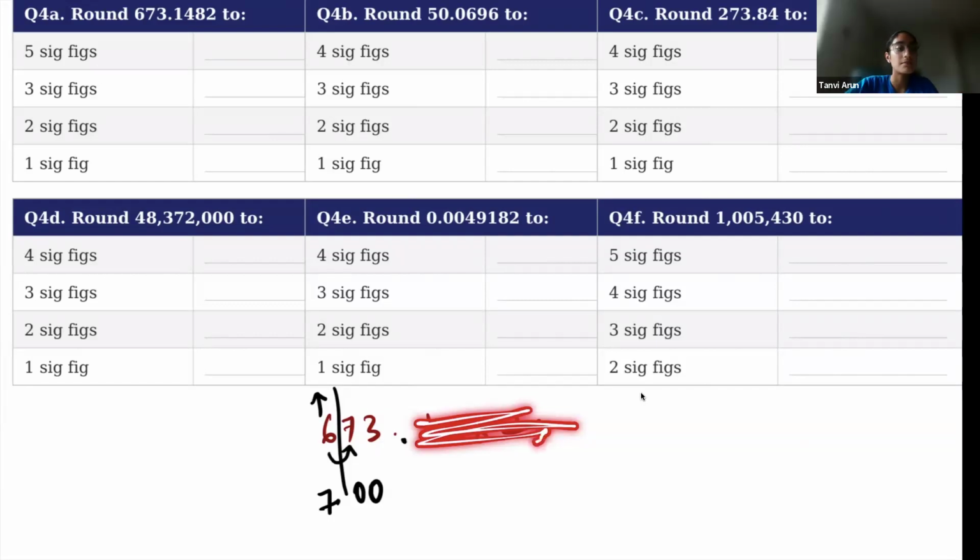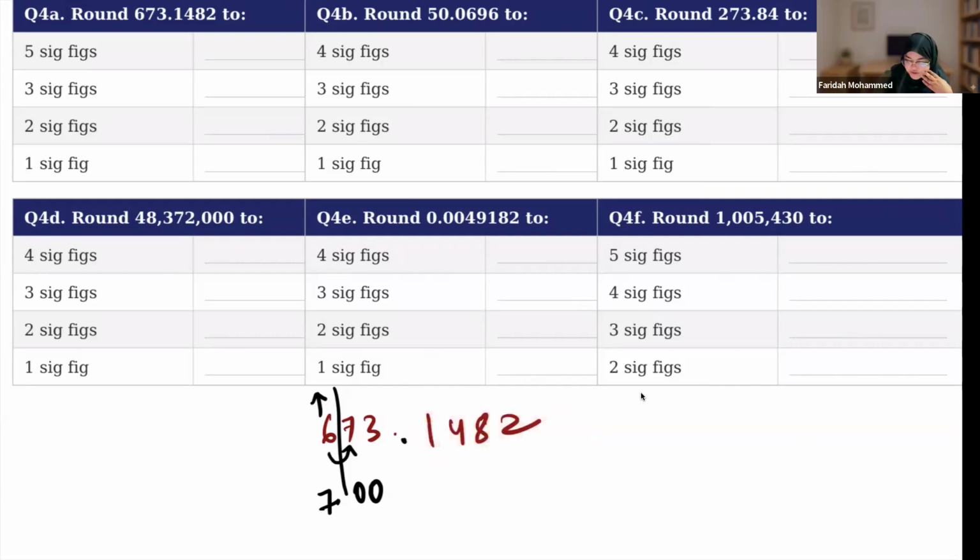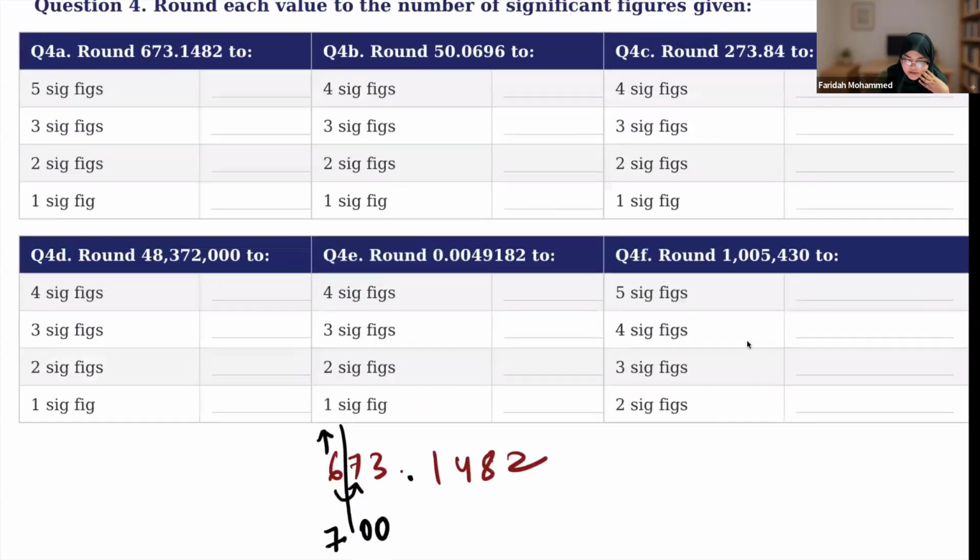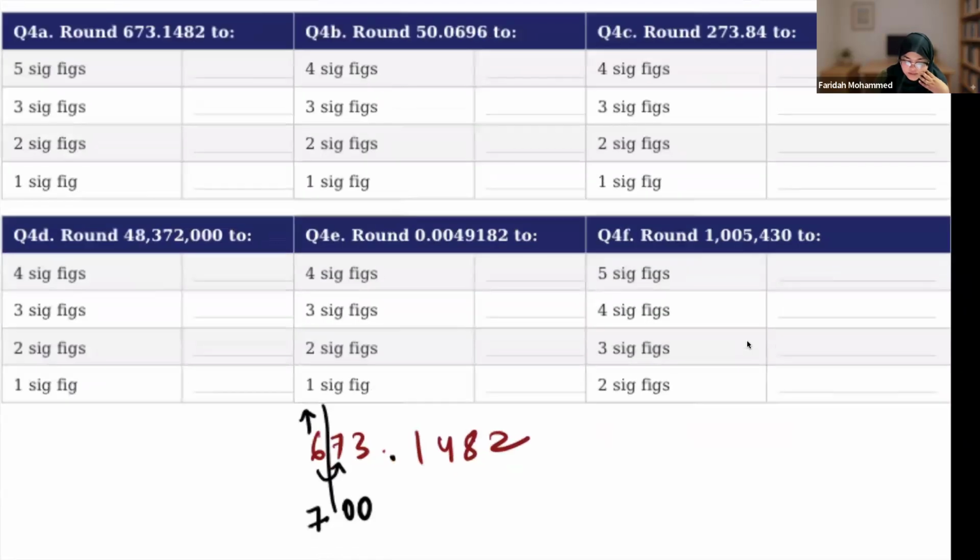Yes. Before decimal, you have to put the placeholder 0. After decimal, you can just not write it. Okay? Good job. Does it make sense? Yeah? Okay, let's try another one.